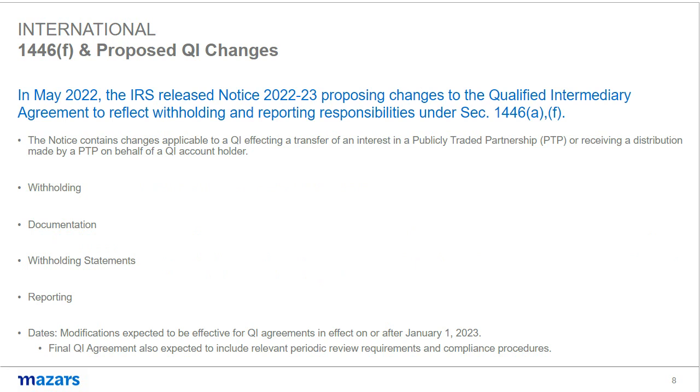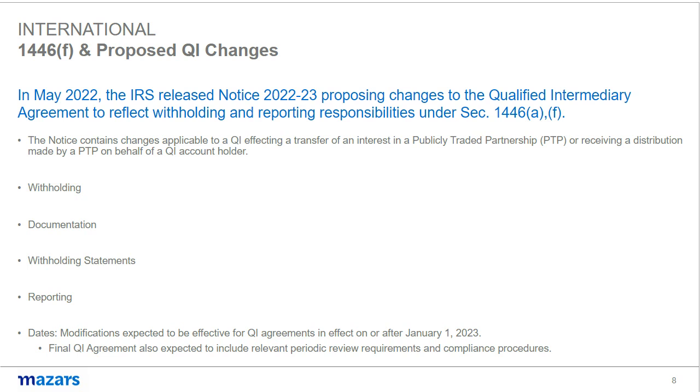The final topic on the international side relates to changes to the QI agreement, really to implement 1446A and F with respect to interests in publicly traded partnerships. So only publicly traded partnerships, not non-publicly traded partnerships.